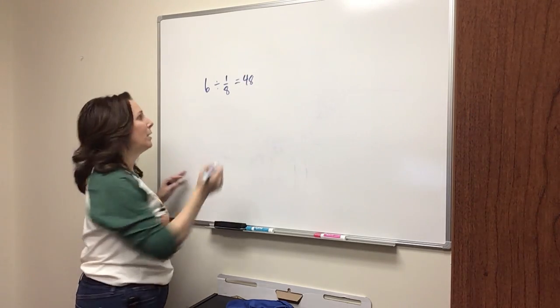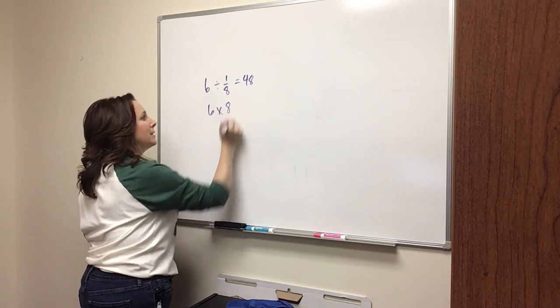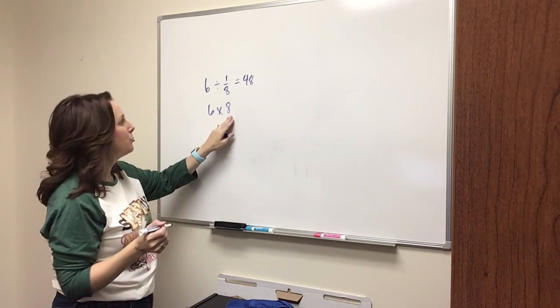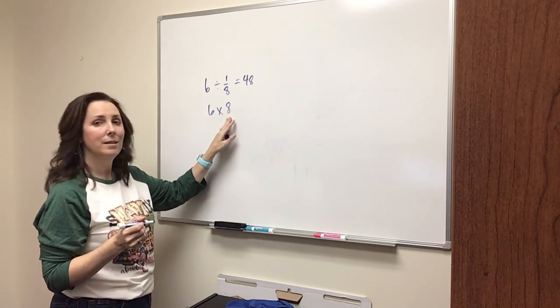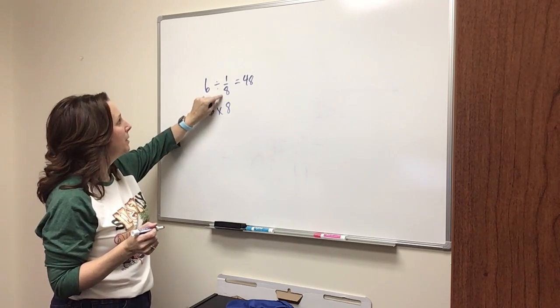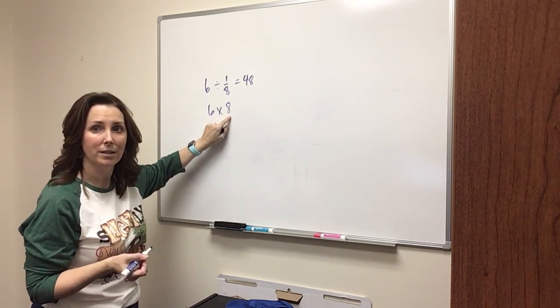And we could talk about how solving this is like multiplying times the reciprocal. Each pizza had 8 pieces in it, so 6 divided by 1/8 is equal to 6 times 8, which is 48.